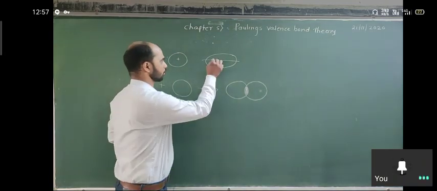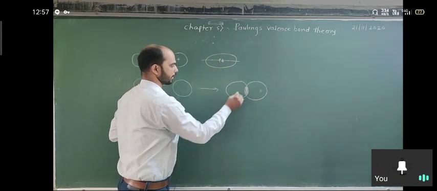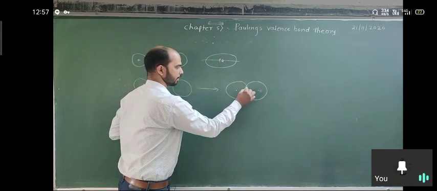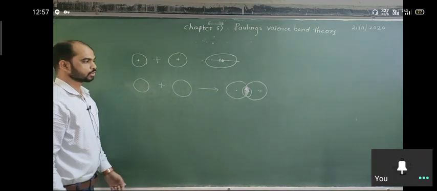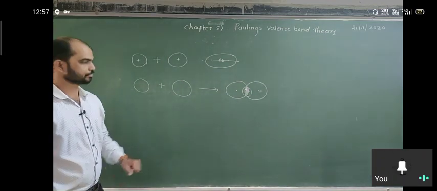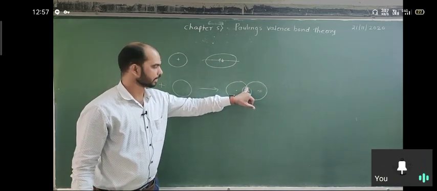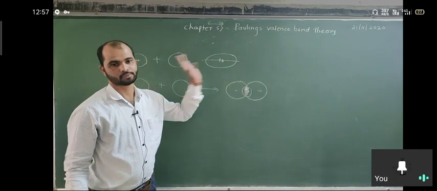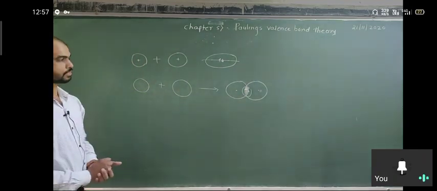Suppose there are two nuclei; their electrons are concentrated in this area, which means both nuclei are attracted towards the central electrons. It is the same thing in both molecular orbitals as well as atomic orbitals.